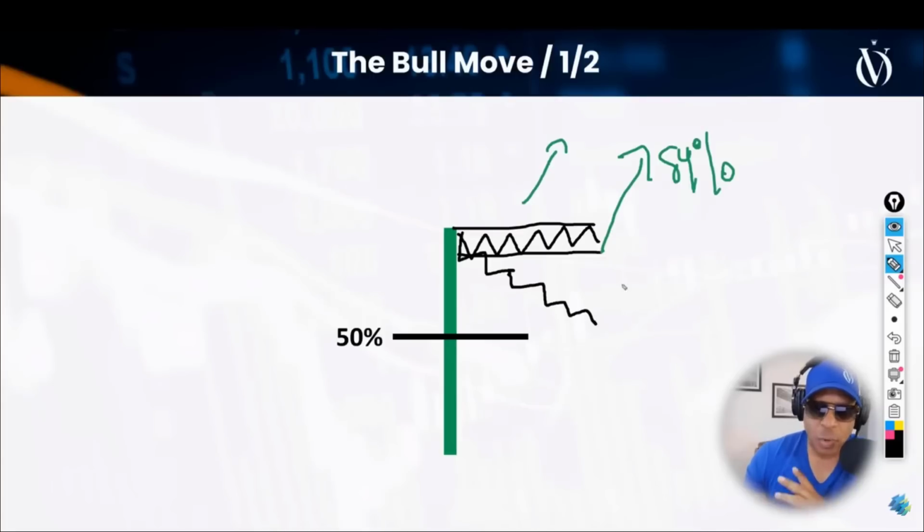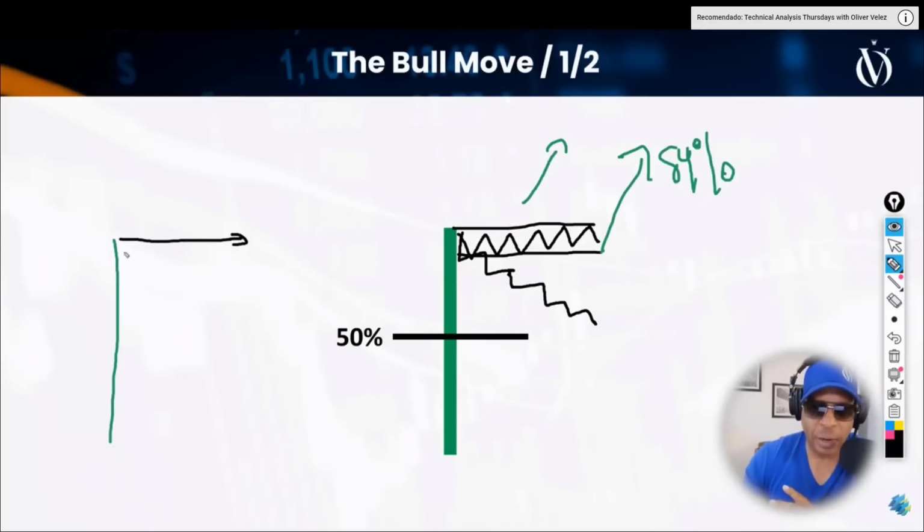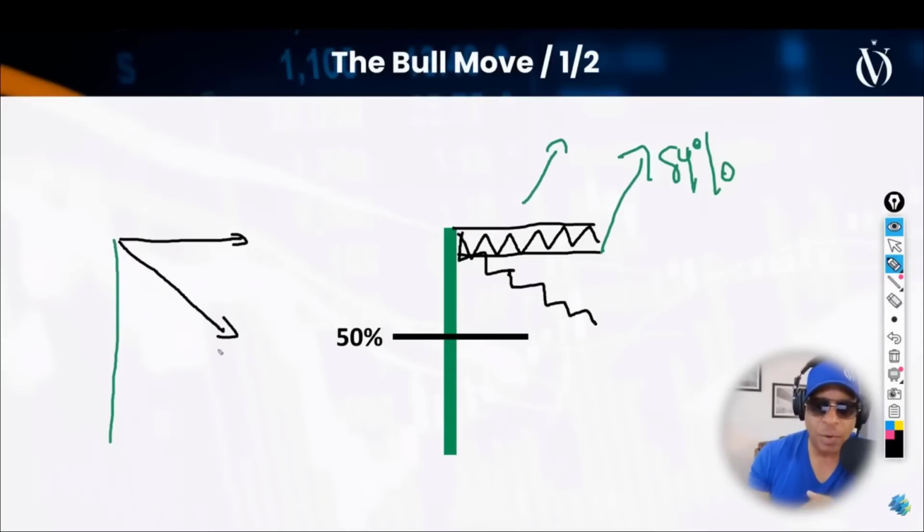You see that? I want you to think about this for a moment. Here's your bull run. Your rest is going to come this way or that way. Both accomplish the same thing. They allow the bulls to rest, take a pit stop, catch their breath, and move on.